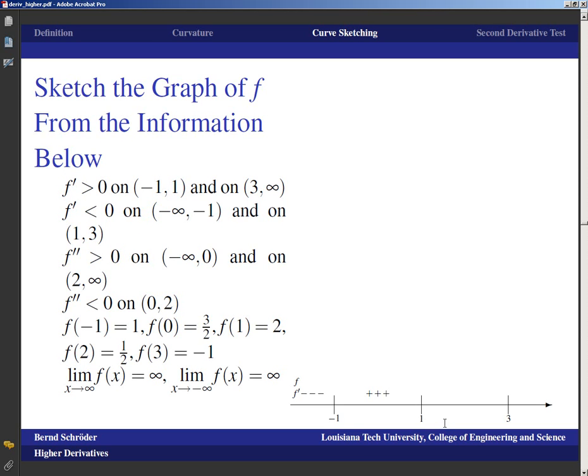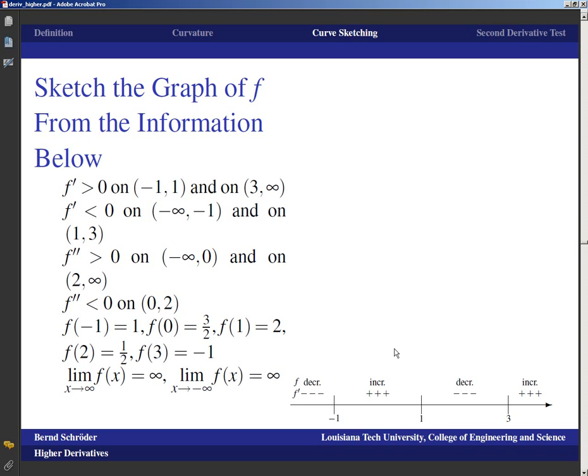So that comes from here. The derivative is negative from 1 to 3. And the derivative is positive from 3 to infinity. So that's just data transcription. We just turn this into graphical information. And of course, for the function, that means the function is decreasing, increasing, decreasing, and increasing.